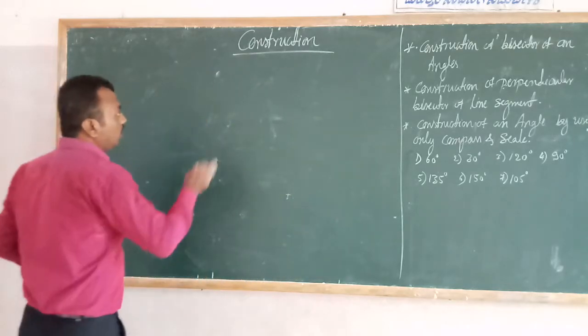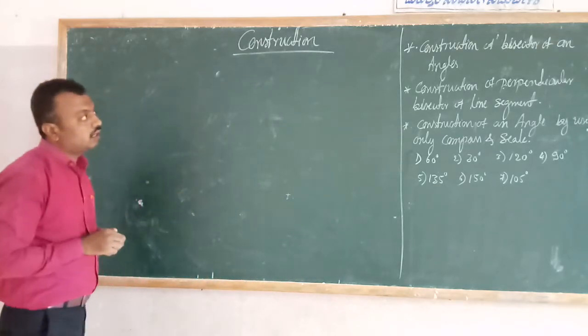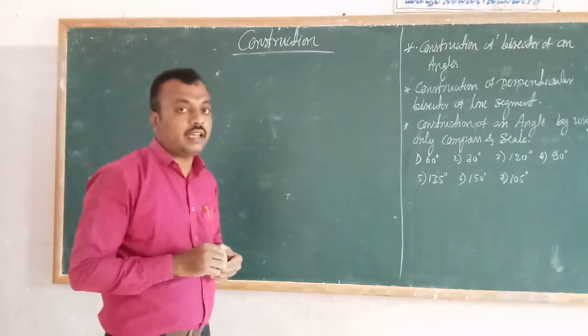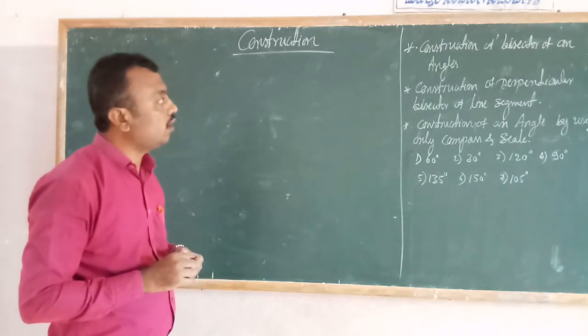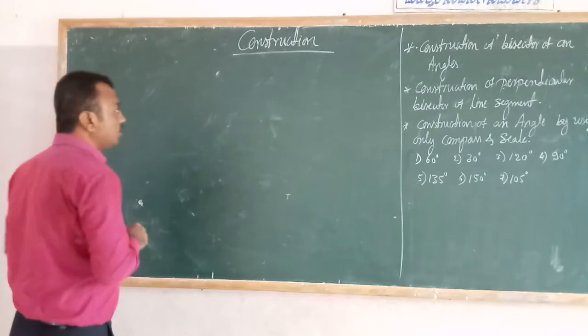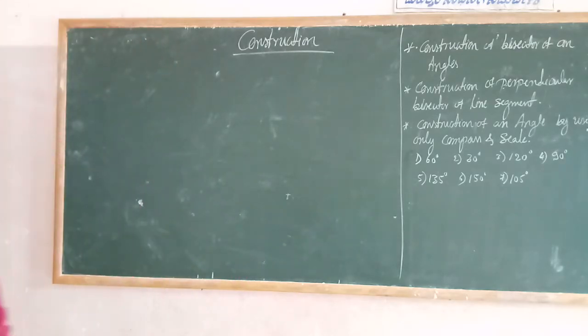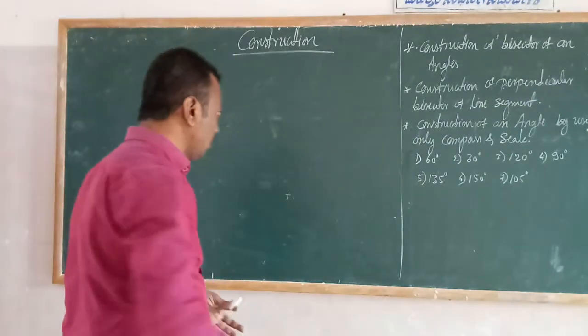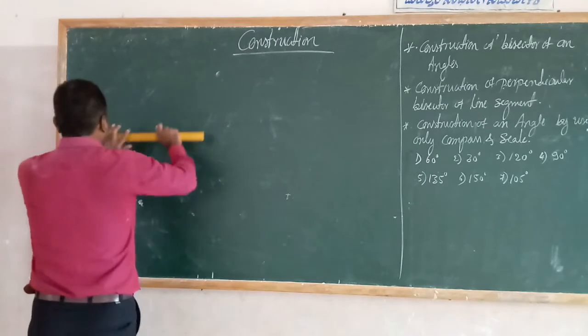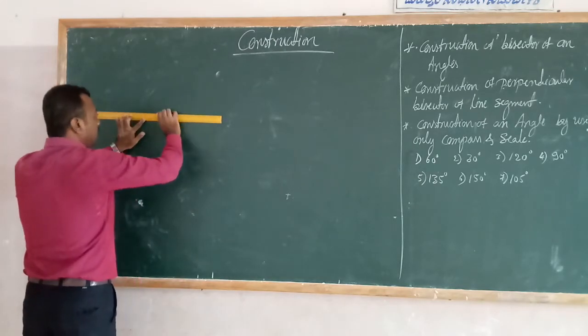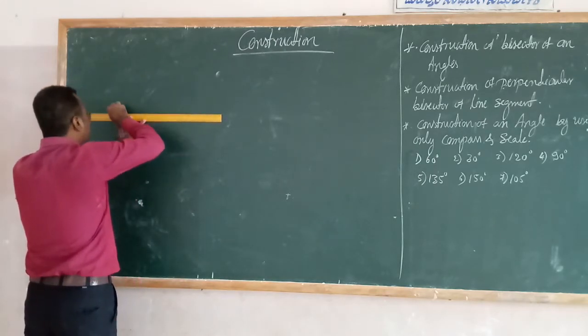See, first, construction of the bisector of an angle. I will start by drawing any one angle here, roughly.